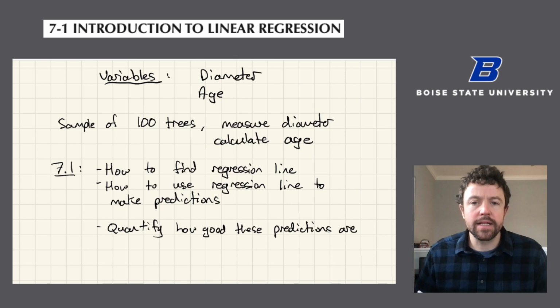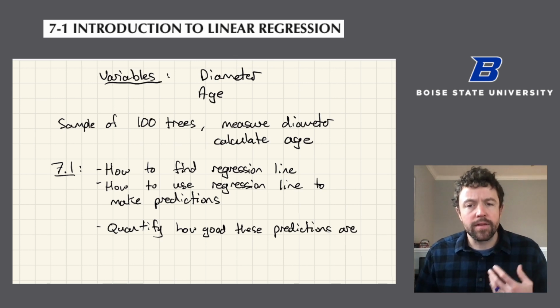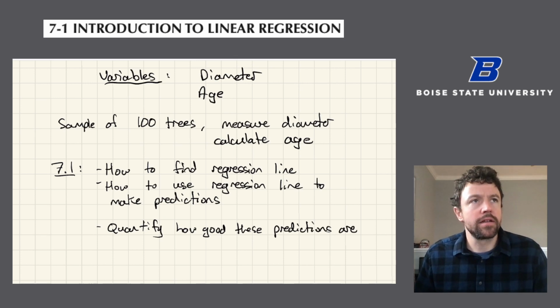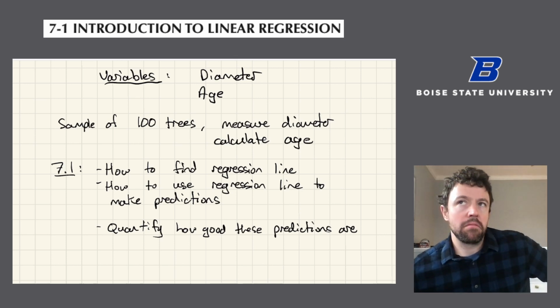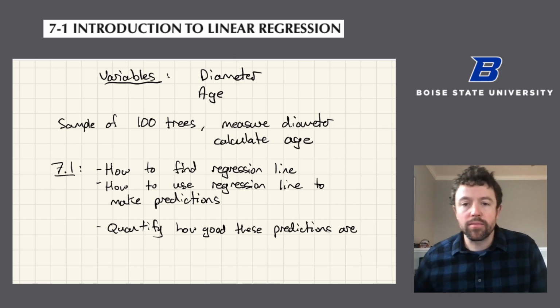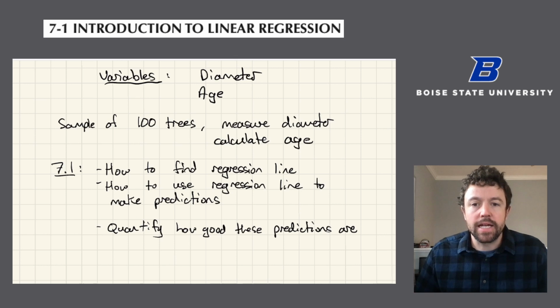Or another way of saying this is, these trees in the old growth forests, they're all different ages. To what extent, how accurate are our predictions of ages based on the diameters? Do the diameters fully explain the ages of the trees, or is it that there's something else going on?